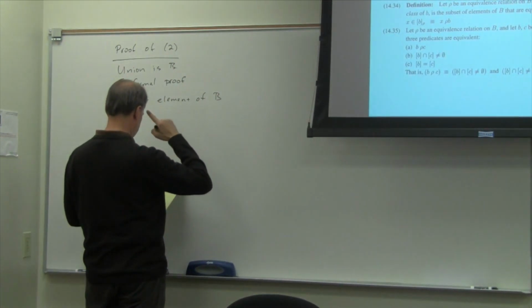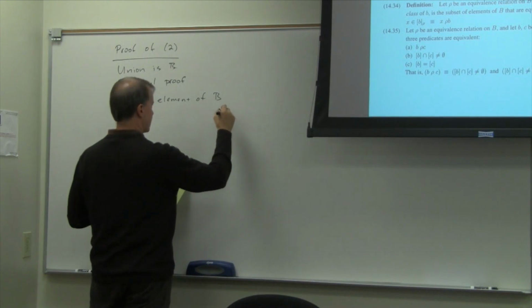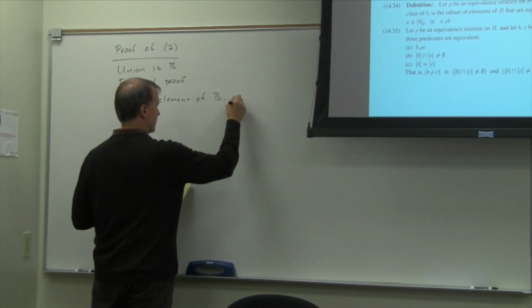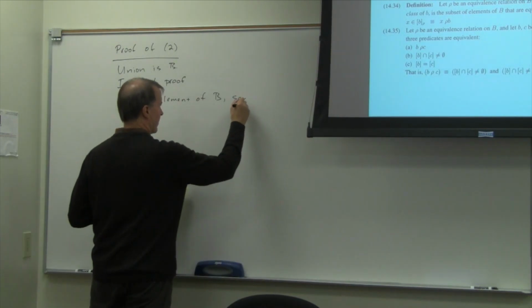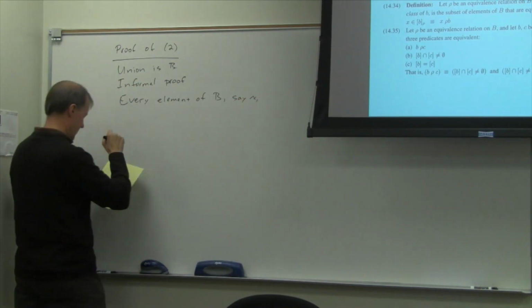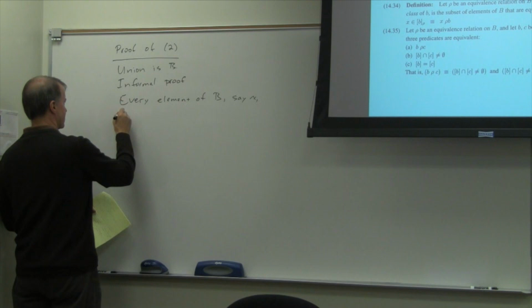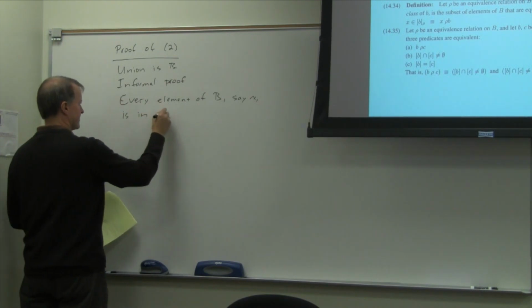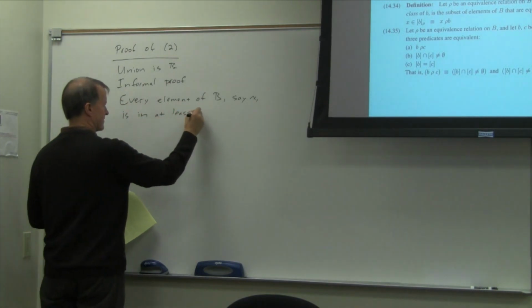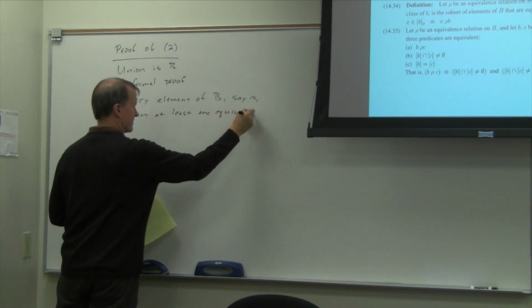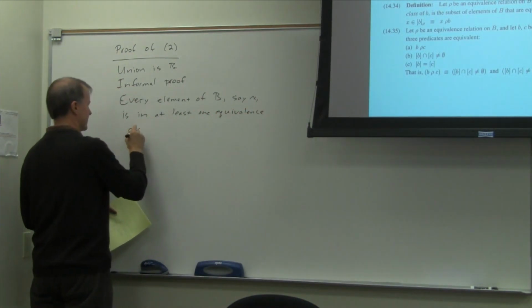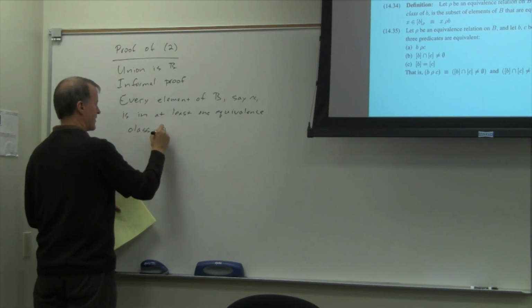Every element of B, we'll give it a name, say X, is in at least one equivalence class. Namely, what equivalence class is it in?